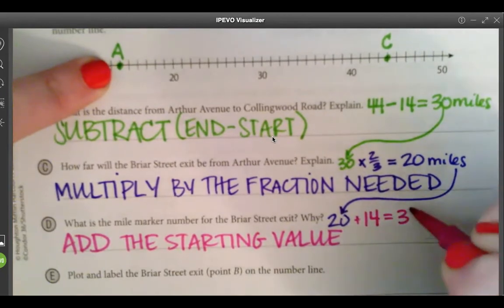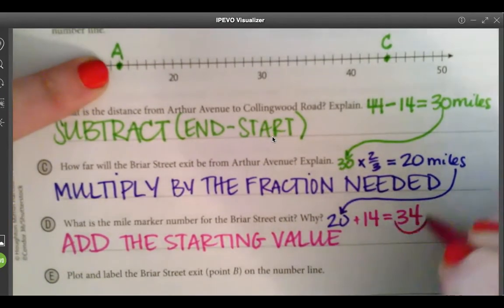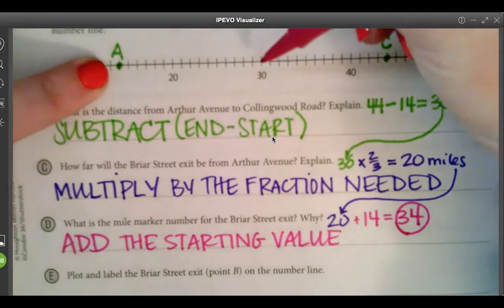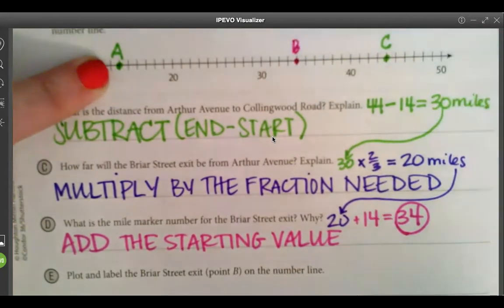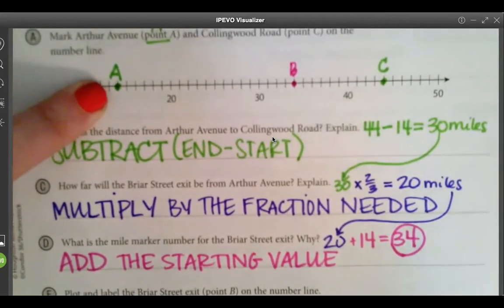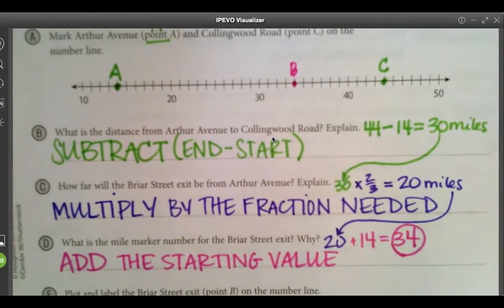So where do we end up? 34. So we're going to find 30, 1, 2, 3, 4. And that's where B goes. And that's all you do every time. Subtract, multiply, add. And if you have an XY ordered pair, you just do this once for the X's and once for the Y's.